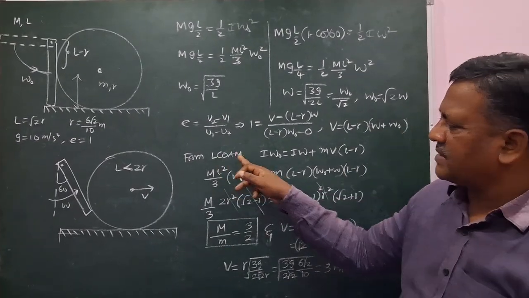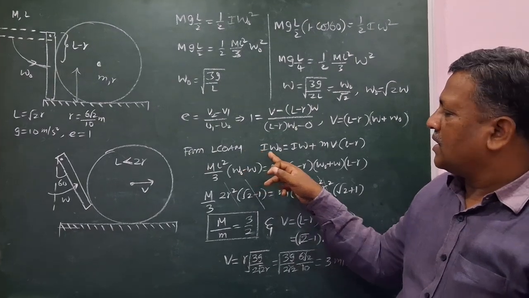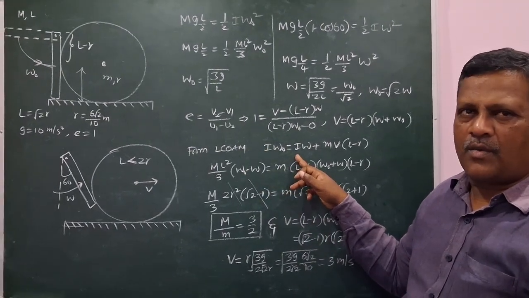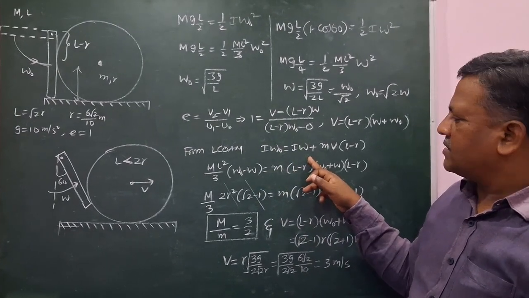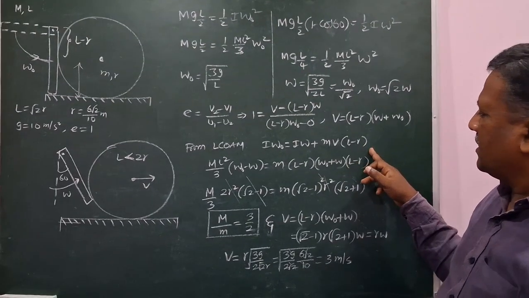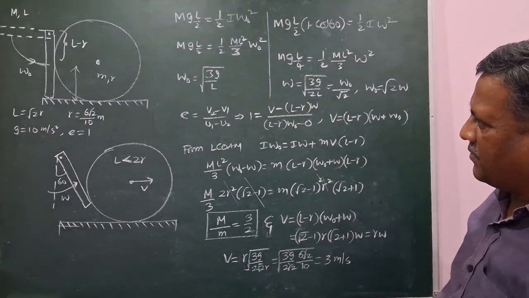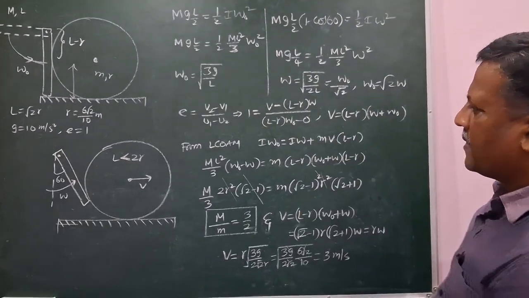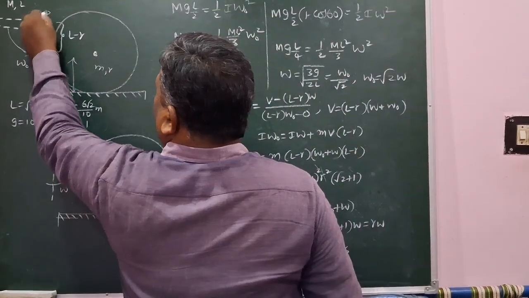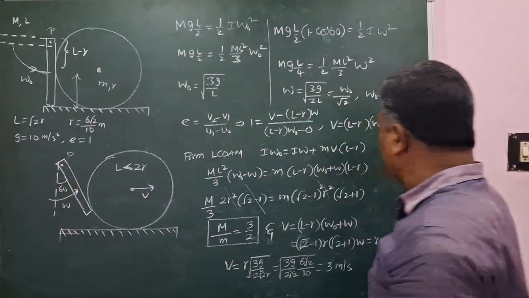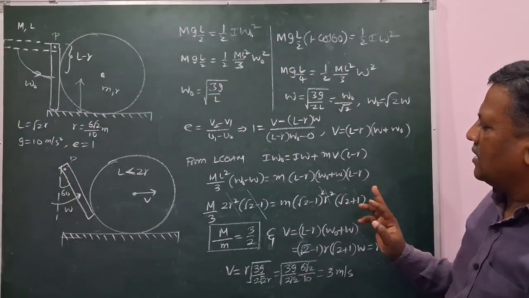By using the law of conservation of angular momentum, the initial angular momentum is I omega naught, and immediately after collision it is I omega plus mvr, with respect to the point of suspension of the metal bar. With respect to this point, the effective distance is L minus r.